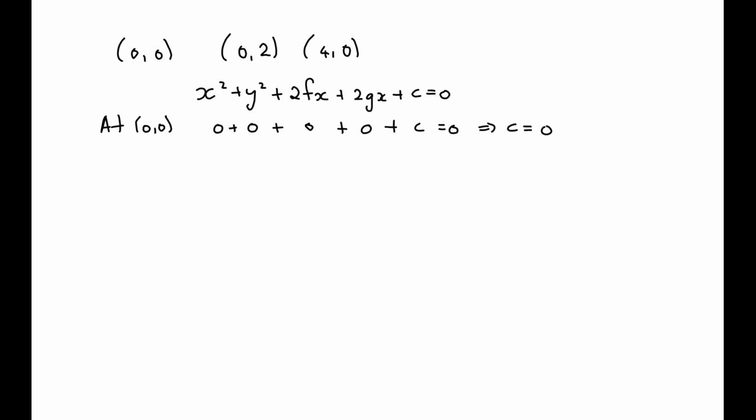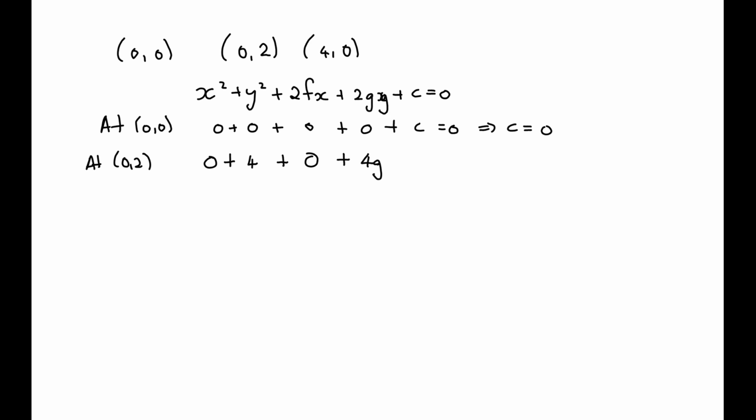Now let's take the point (0, 2). So now we've got that 0 plus 4 plus 0 plus 2 2's are 4, so 4g. Oops, that should be a y there.